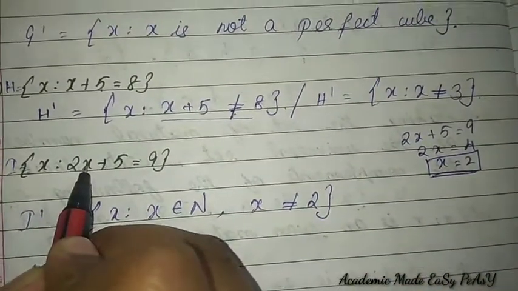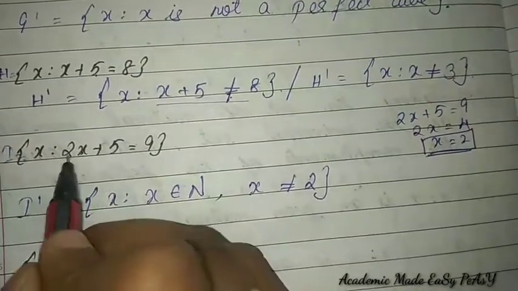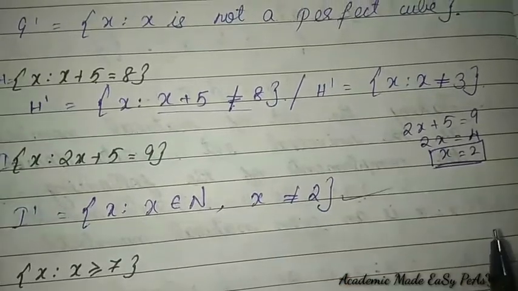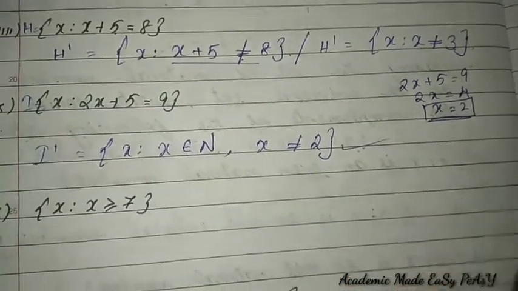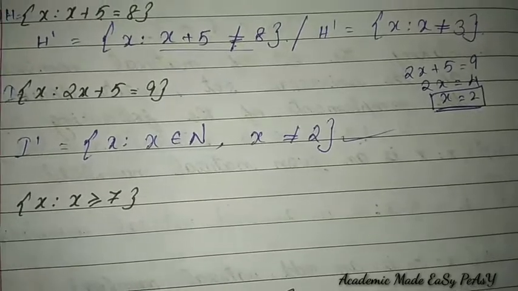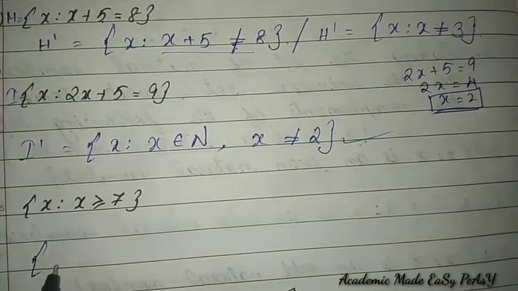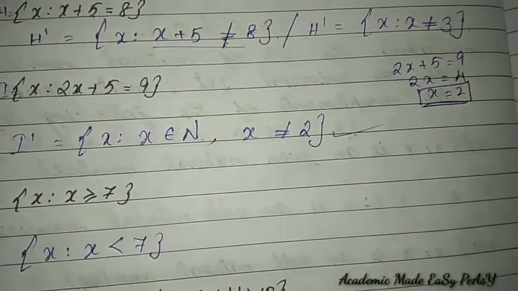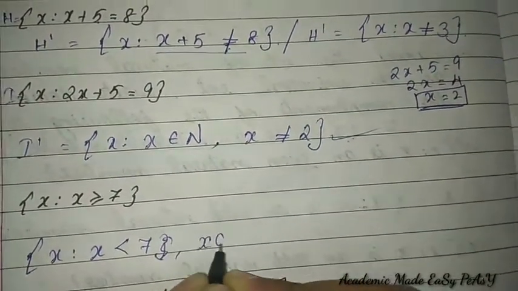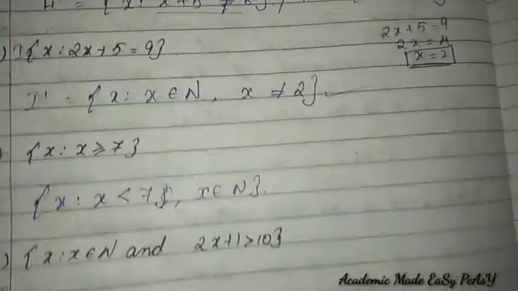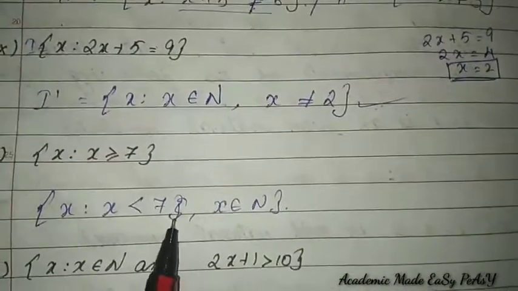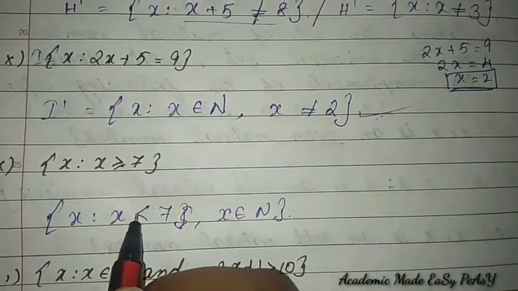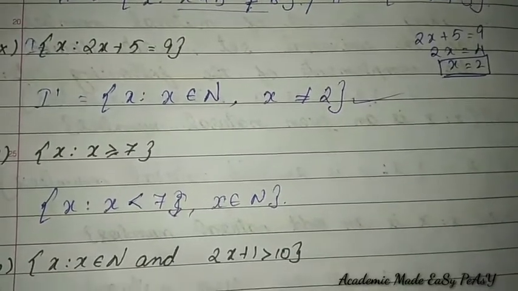You can write this equation also. 2x plus 5 not equal to 9 also you can write, or else you can write it in this simplified form. Next, what will be there? Here it will be x such that x is less than 7, where x belongs to N. Is that clear? So why? Because it is greater, no? So here what will be the opposite of it? It will be lesser only.